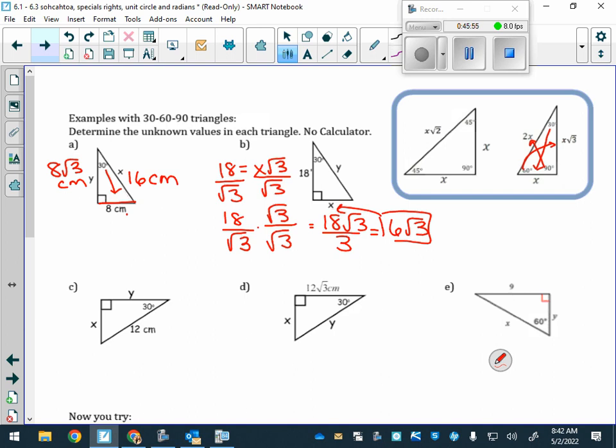Liam? You are correct. 12 root 3, because it's 2 times this, and you only can multiply your whole numbers, right? So it's 2 times 6 root 3, which is just 12 root 3. All right?